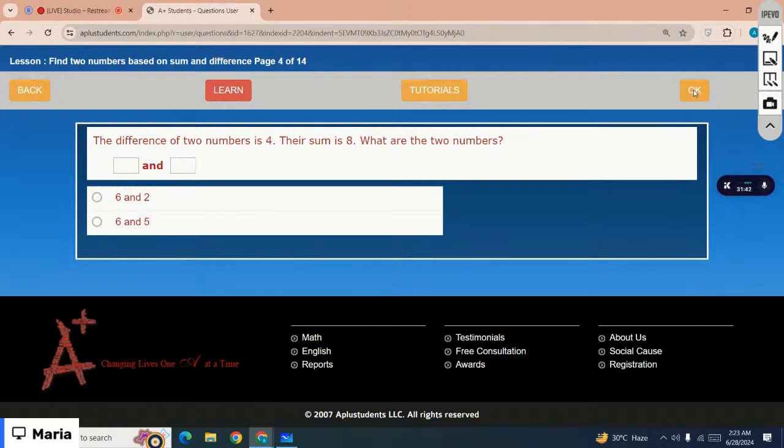What are the two numbers? Which is the correct option? Yes, that is option number 1, 6 and 2. Option number 1 is the correct option. When you subtract them, it's 4, and when you add them, it's 8.